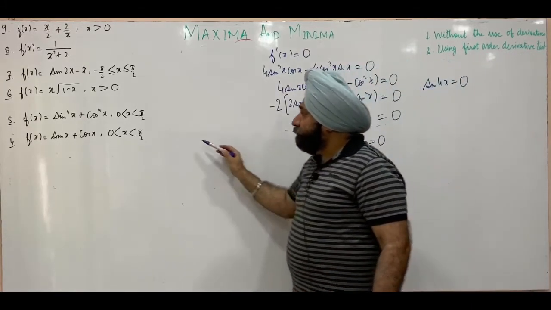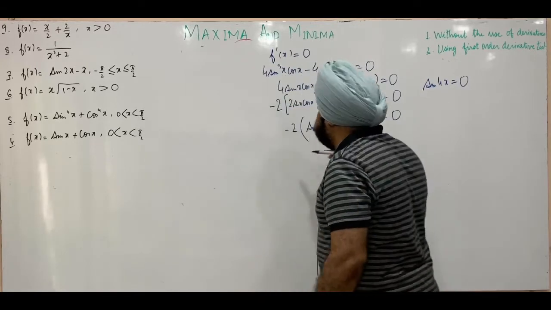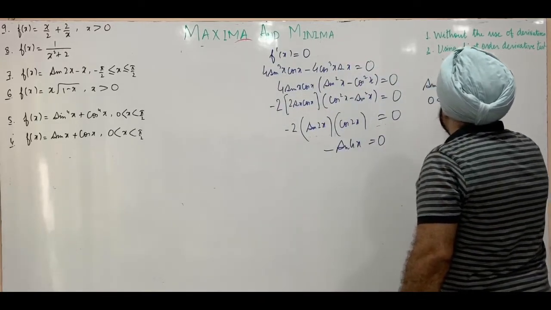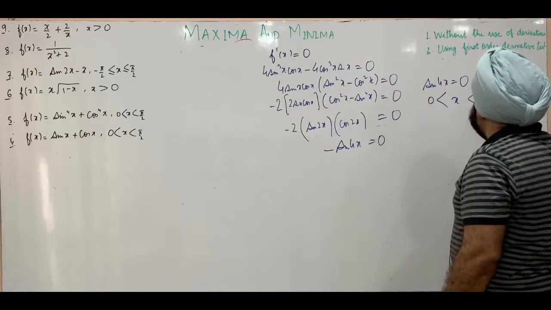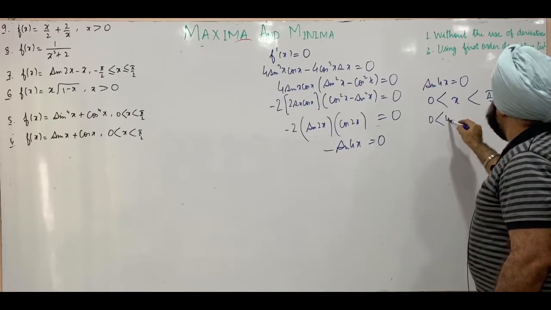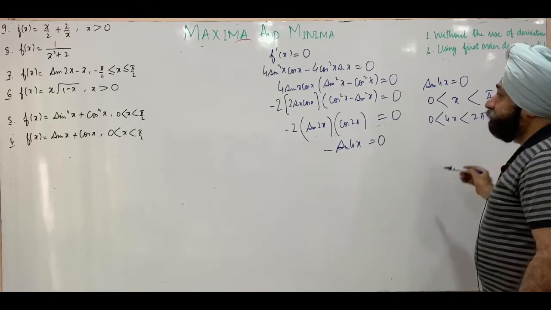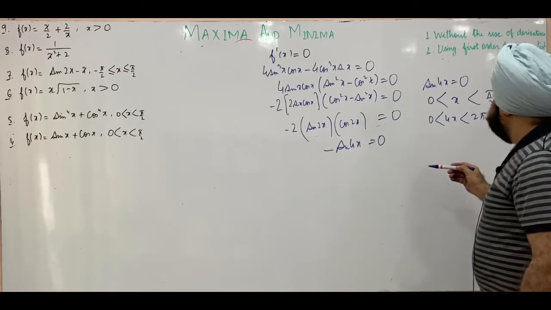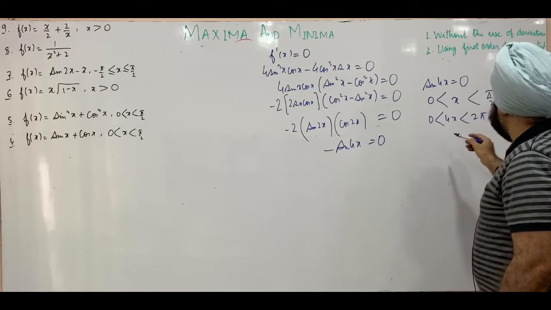We are given x belongs to 0 to pi by 2, 0 less than x less than pi by 2. What about 4x? Multiply throughout by 4, this will be 2 pi, and sin of 4x is equal to 0.